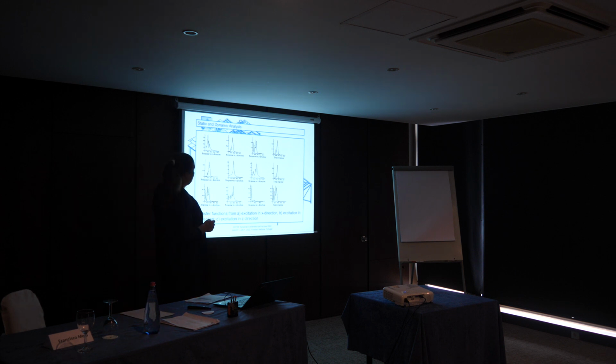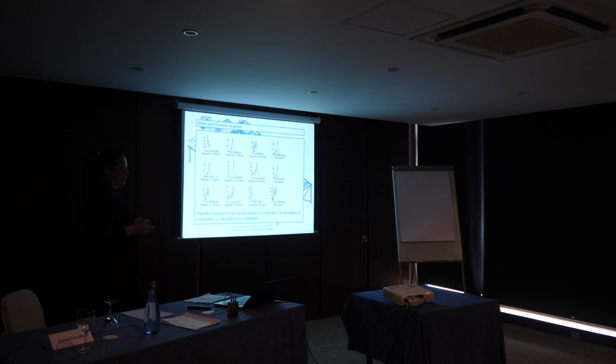The first row represents excitation in X direction, and there is a response in X, in Y, and in Z direction. When you have excitation in X direction, you have a frequency on the horizontal axis of the diagram, and on the vertical is the dynamic gain factor.